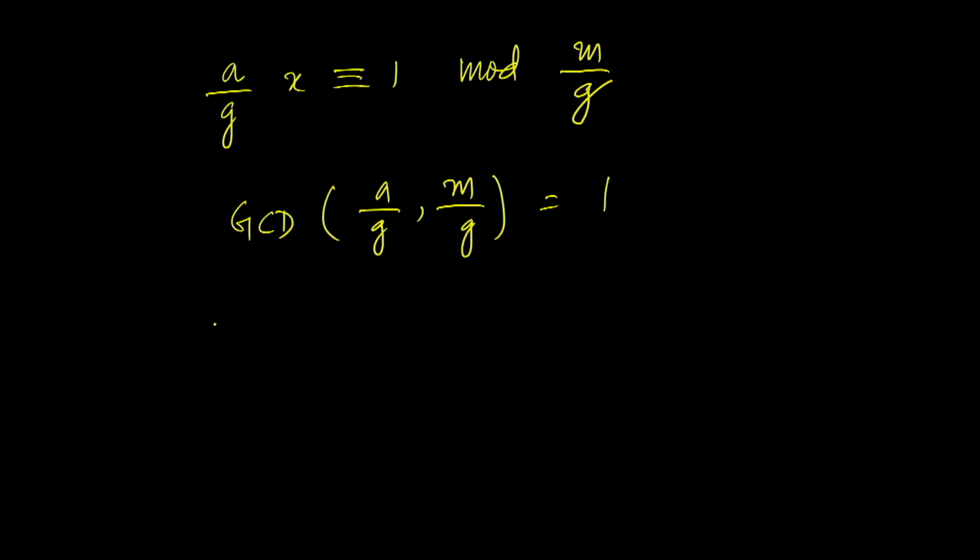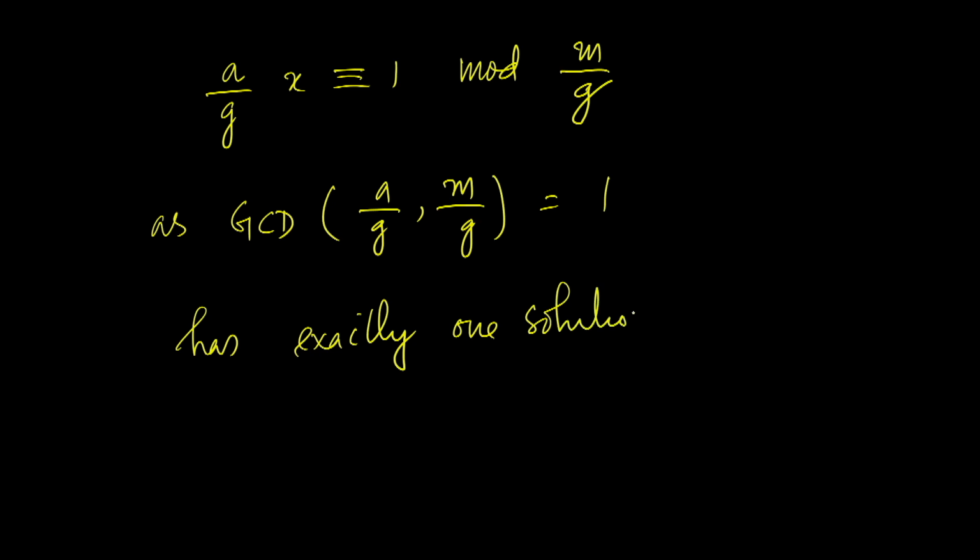So this congruence has exactly one solution, in the interval 0 to M by g minus 1. In this range, this congruence has exactly one solution.